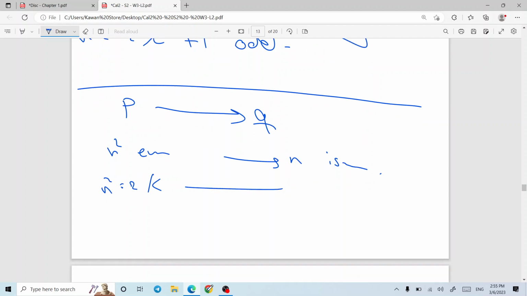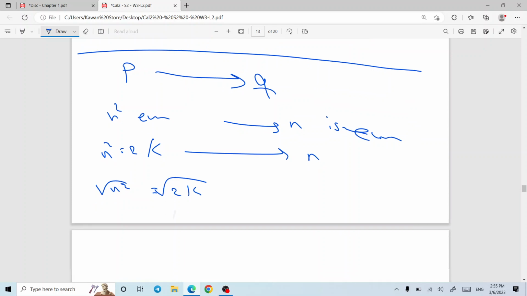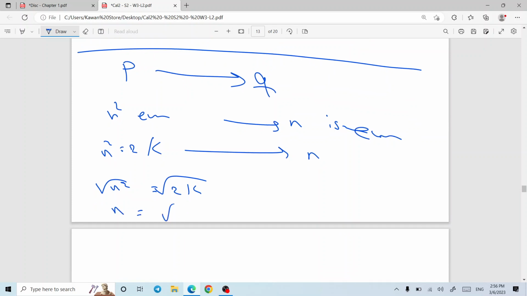Okay. So to show N is even or odd, I'm going to take the square root of both sides. Then N is equal to the square root of 2K. Can you tell me, is there any formula that tells us N equal to the square root of 2K is even? No. Right?